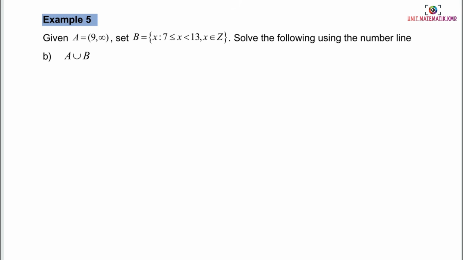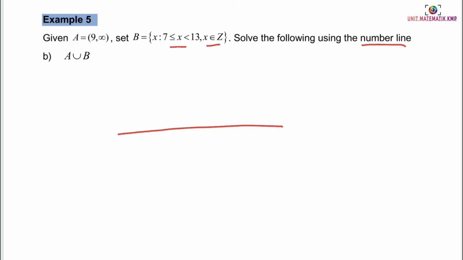Example 5. Given A equals infinite interval 9 to infinity, set B the set of x where x greater than or equal to 7 and less than 13, where x is an element of set Z, integers. Solve the following using the number line. Okay, B, A union B. First step, draw the number line. Mark the number line using the end values of the intervals according to their values.